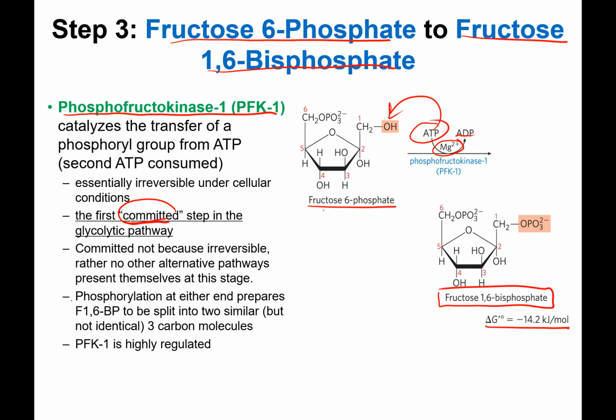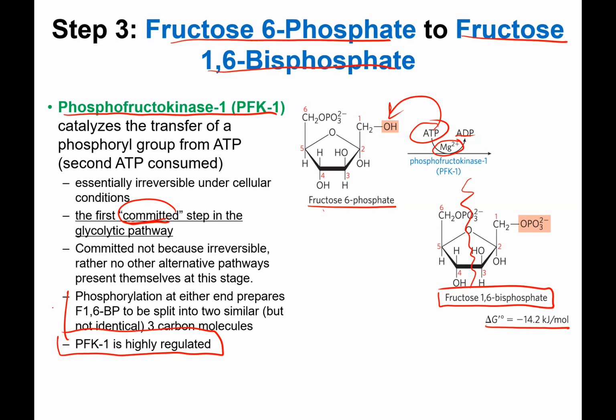Okay, so now this is ready. As you can see, we have the possibility for a split here, right? And to get two, if not identical, at least two similar molecules. So before we get on to that, this is a very important regulatory step for glycolysis. Not only is it a committed step, but it is highly regulated.